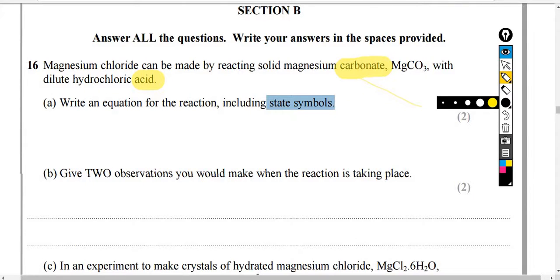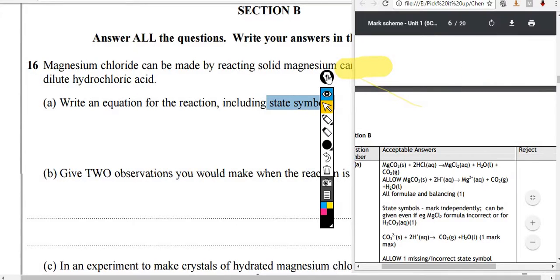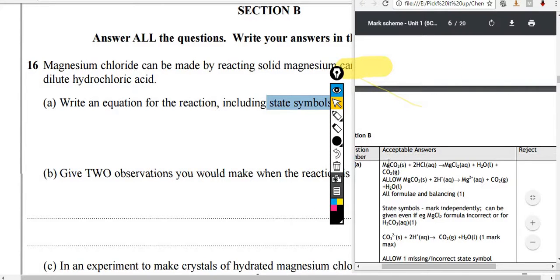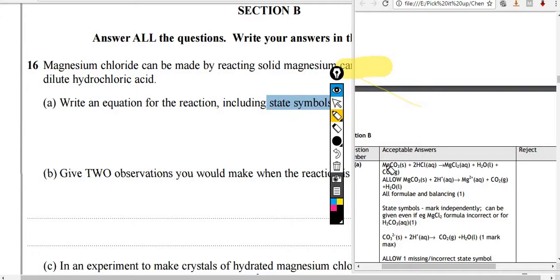So you have magnesium carbonate, which is normally in the solid form, and it's in the solid form here. And then you have dilute HCl, hydrochloric acid, which is in the aqueous form, meaning it's dissolved in water.